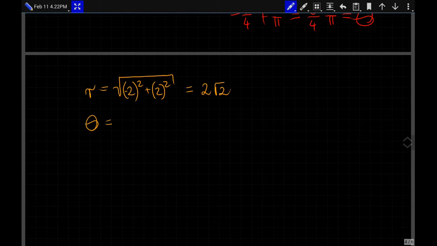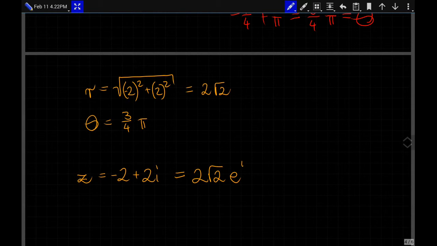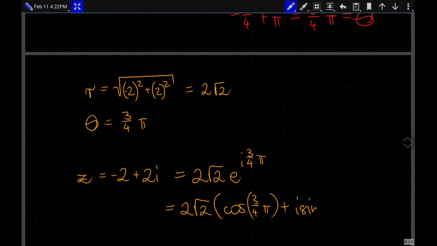And then theta is 3/4 pi. And therefore z, which was -2 plus 2i, is now r, which is 2 square root of 2, times e to the i theta, which is 3/4 pi. And that can also be written as 2 square root of 2 times cosine of 3/4 pi plus i sine of 3/4 pi. Thank you.